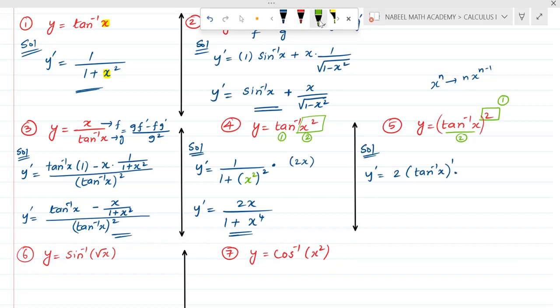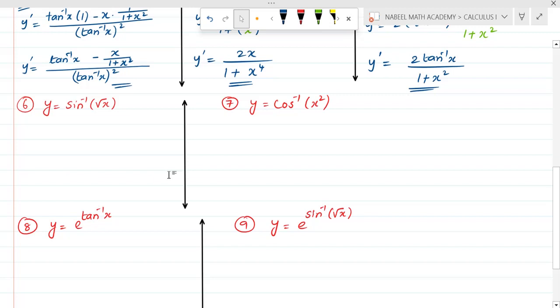What about the inside? The derivative of tan inverse x is 1 over 1 plus x square. If you write it together, the final answer is 2 tan inverse x over 1 plus x square. That's it.